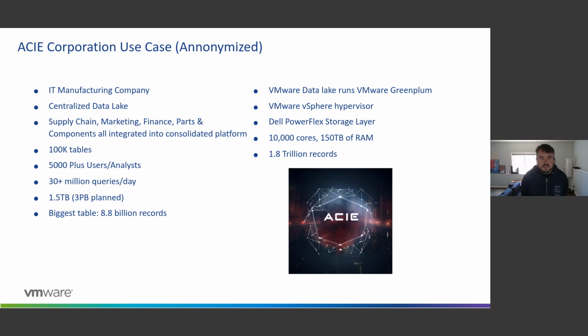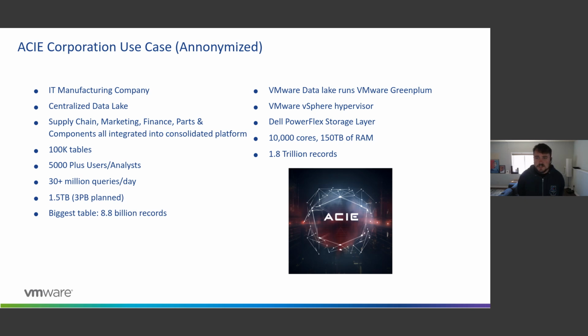It has a large centralized data lake, data warehouse, and this is where they put all of their supply chain information, marketing information, finance, inventory, pretty much just everything goes in here. And so this is a very, very large data lake, a very large warehouse of hundreds of thousands of tables. And they use it throughout the organization. And so it can have 5,000 analysts a day running 30 million queries across these multi petabytes of data.